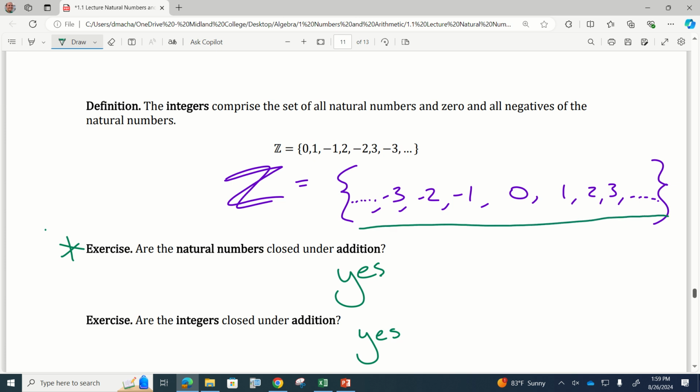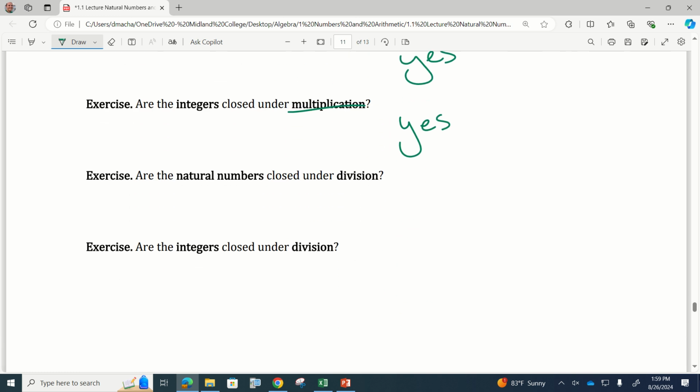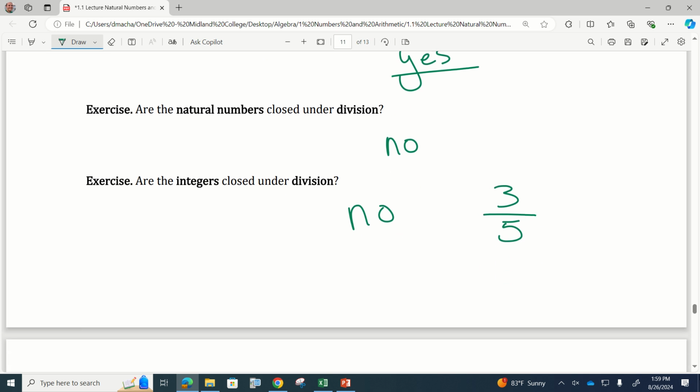So if you multiply 2 negatives, you still end up inside the integers, so we can say yes. Are the natural numbers closed under division? Nope. What about integers? Nope. The negatives don't save us from situations like that, which is not an integer.